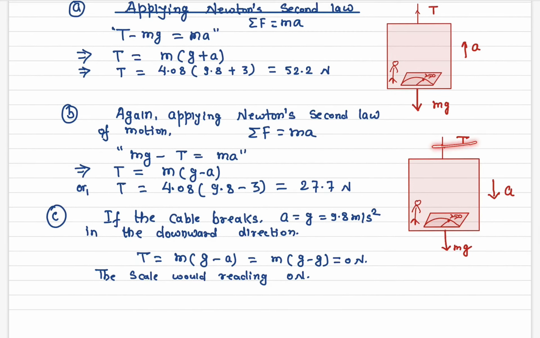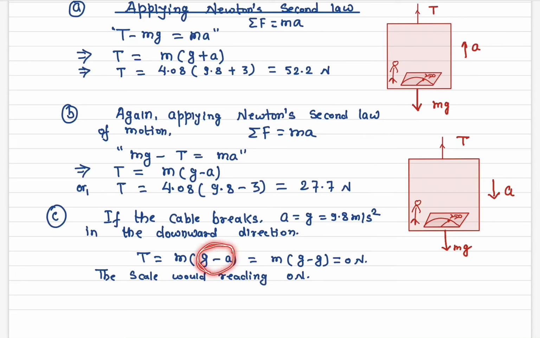Now what happens if the cable breaks? If the cable breaks, the elevator starts moving down with an acceleration of g. So a would be exactly equal to g. So in this equation, I'm plugging a equal to g because it is now going down.